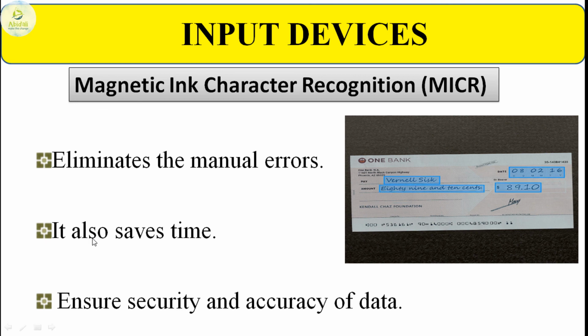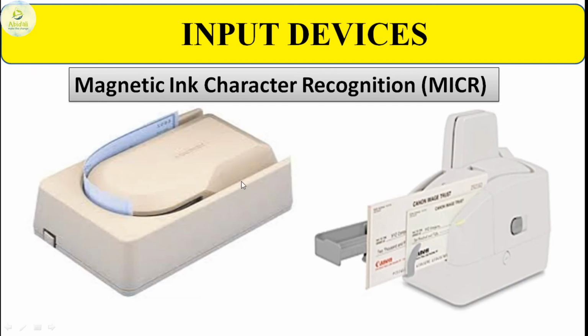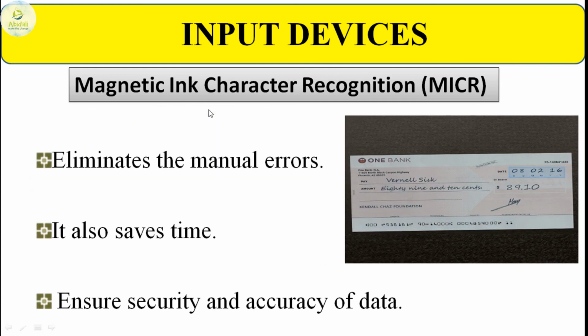Another very important thing is that it saves time. I need not check and enter the amount, the date, the check number, who has issued it, everything. Instead, I can place the check on a device which processes them one by one and reads the entire check.